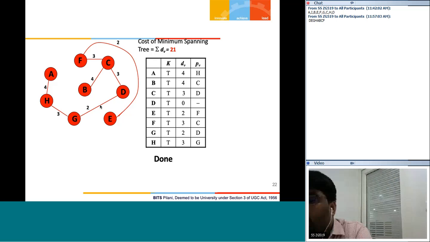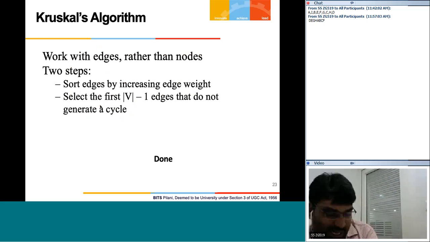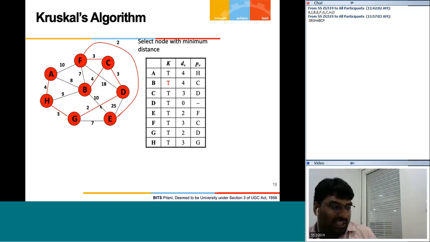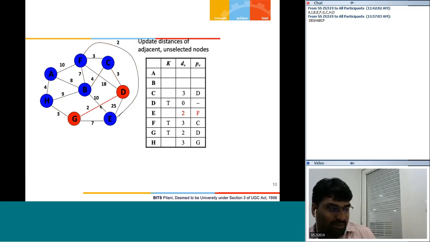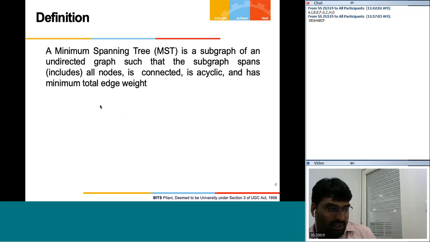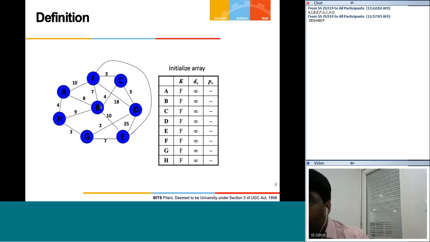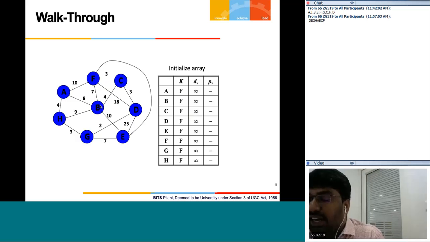D. Instead of choosing D as your root node, start with A as your root node and share the solution for the same graph. See whether you will get the same output or not.